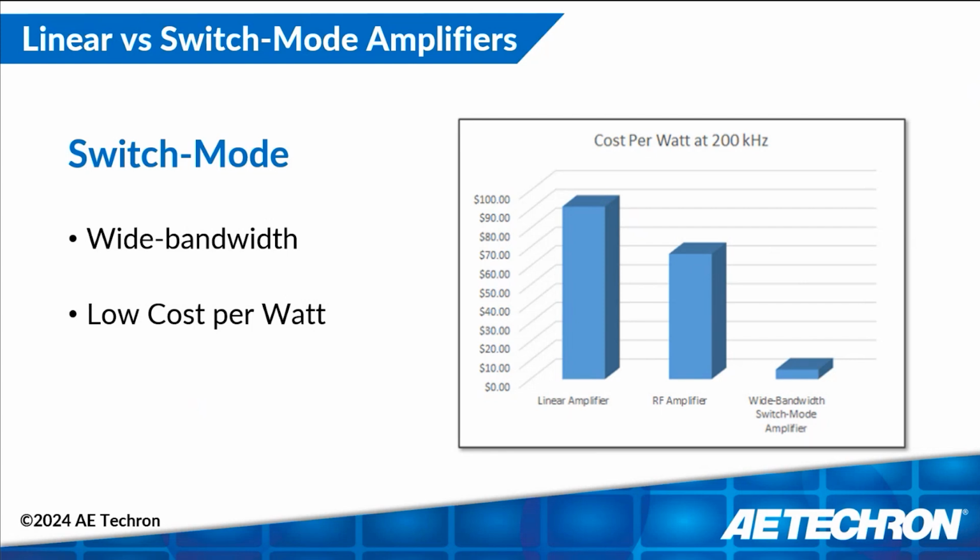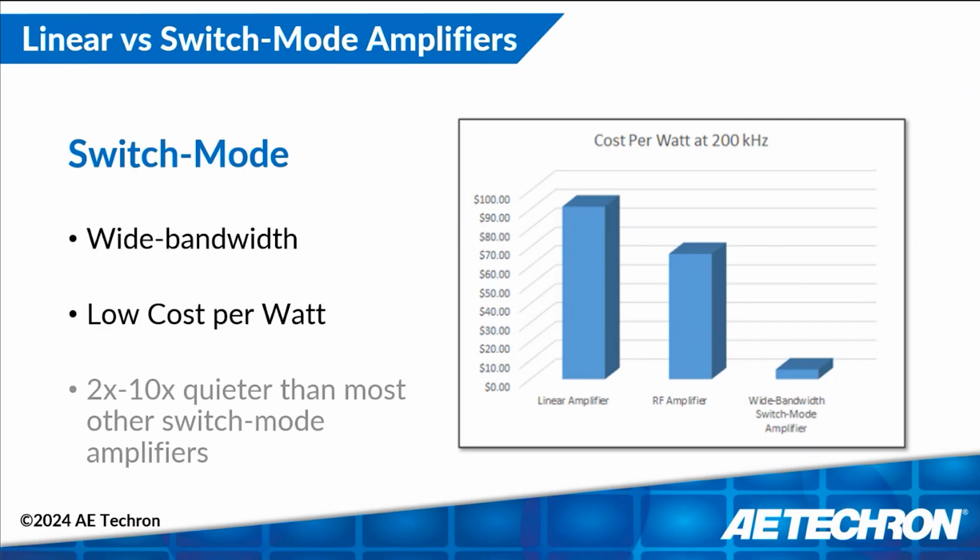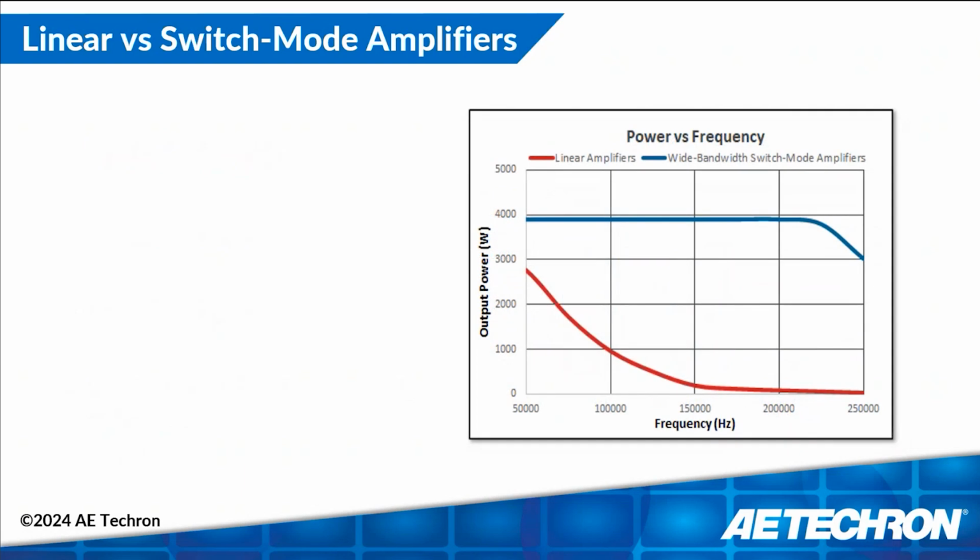Compared to a linear amplifier, switch mode amplifiers can be incredibly efficient. Now, our wide bandwidth switch mode amplifiers are noisier than our linear amplifiers. But when you compare them to the rest of the industry, our switch mode amplifiers are 2 to 10 times quieter than other switch mode amplifiers out there today. That's something important to make note of.